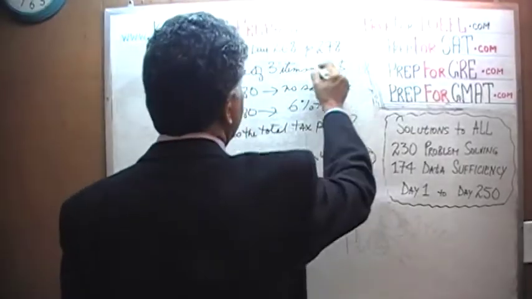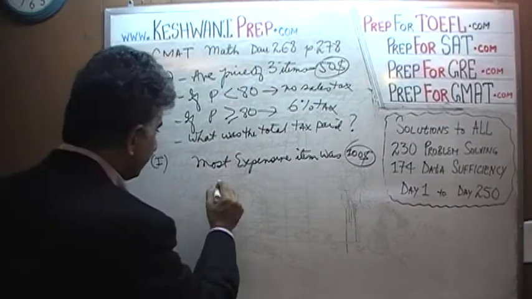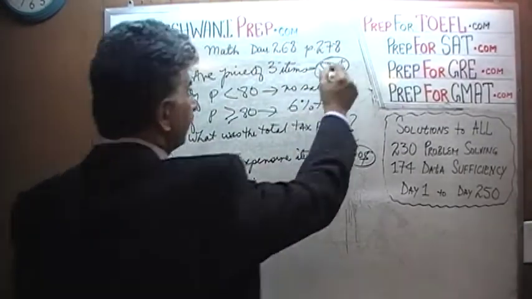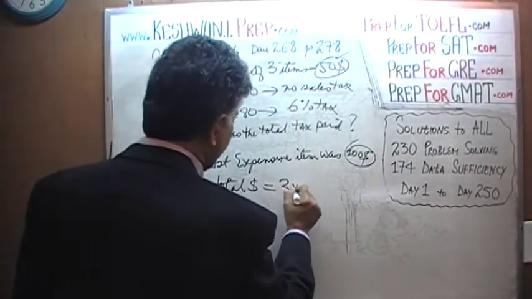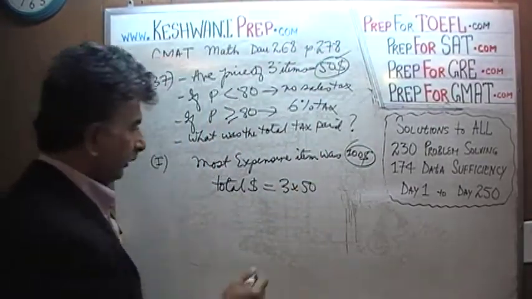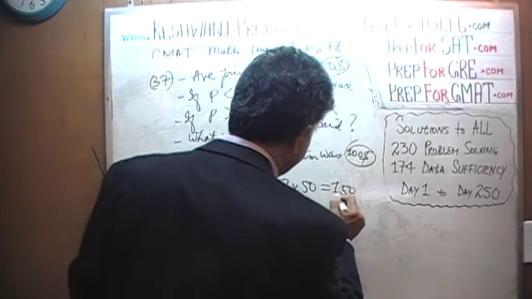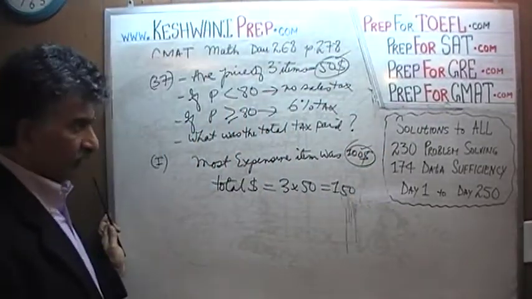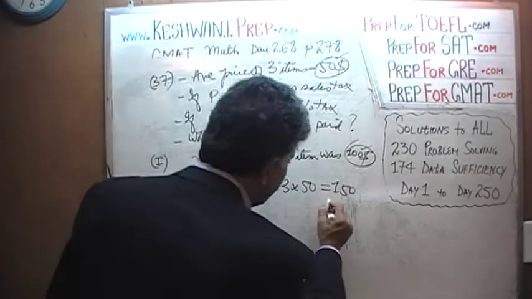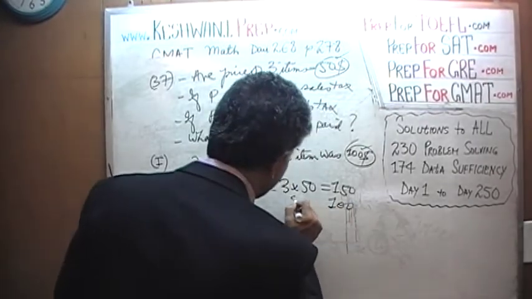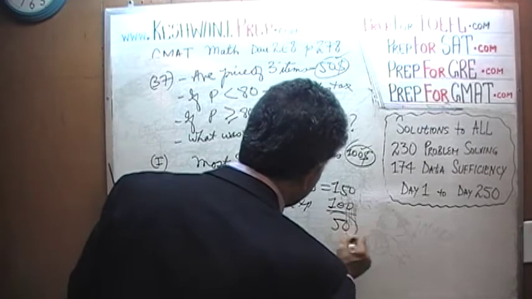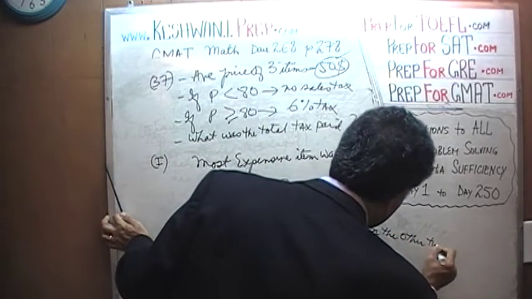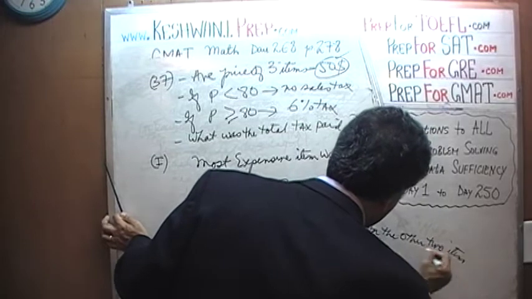Since we are told that the average is 50, the total amount of the 3 items has to be 50 times 3, or 150. The most expensive item, first statement tells us, is $100. If we subtract the most expensive, we are left with $50 for the other 2 items together.